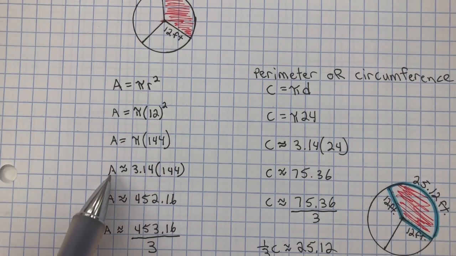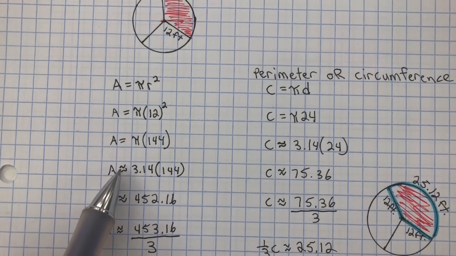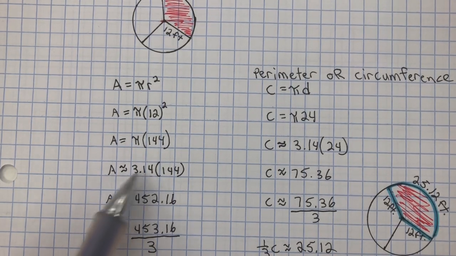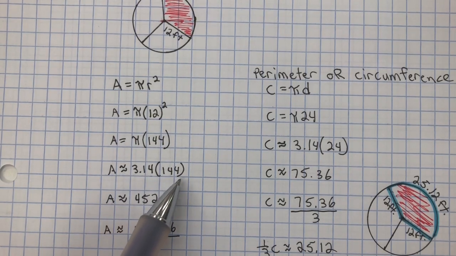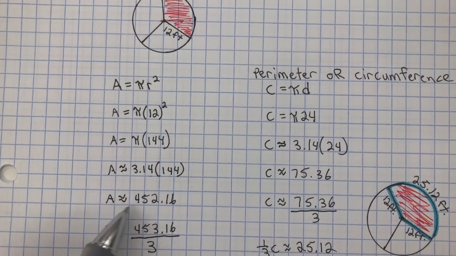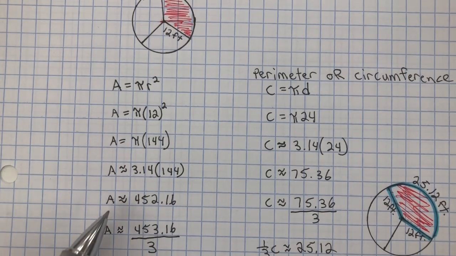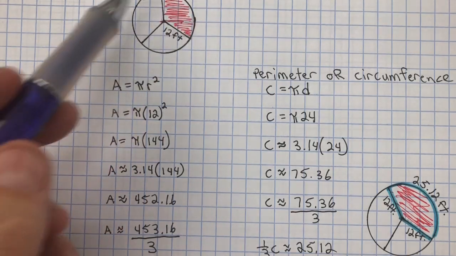So we have 12 squared, which is 144. Now you can see I have these little squiggly lines, and this means instead of equals, it's approximately. Because I approximated pi as 3.14, area is approximately 3.14 multiplied by 144, which is approximately 452.16. Well, that's the area for the full circle.